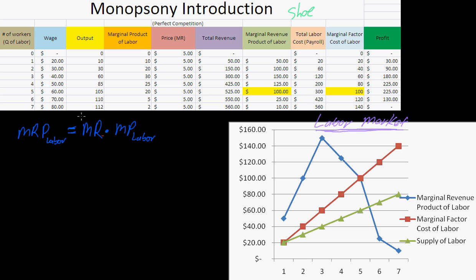So this marginal revenue product of labor is going to be the multiplication of 5 times the marginal product of labor, which is 10.